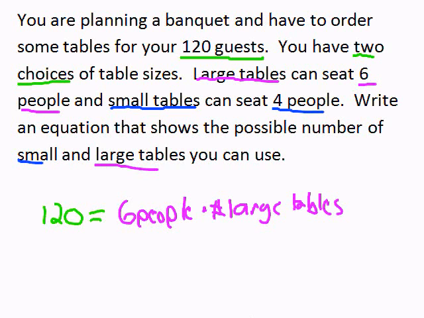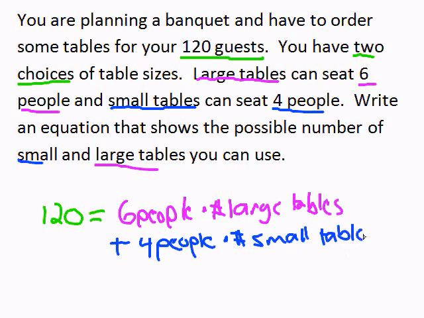And I would add to that 4 people times the number of small tables, because I have a combination of large tables and small tables. All together has to equal the 120 guests for the banquet.